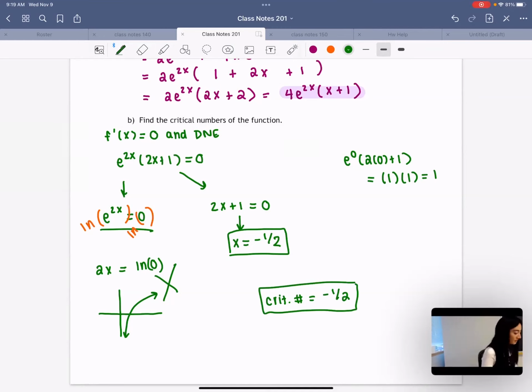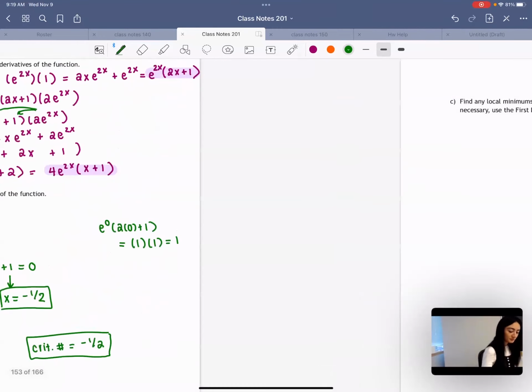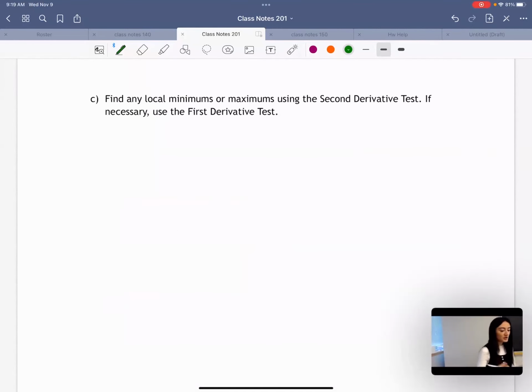All right, let's do part C. Part C asks us to use the second derivative test to find any local mins or maxes. Let's just review what that says. The second derivative test tells us to, well, what does it tell us to do? What exactly are we doing?